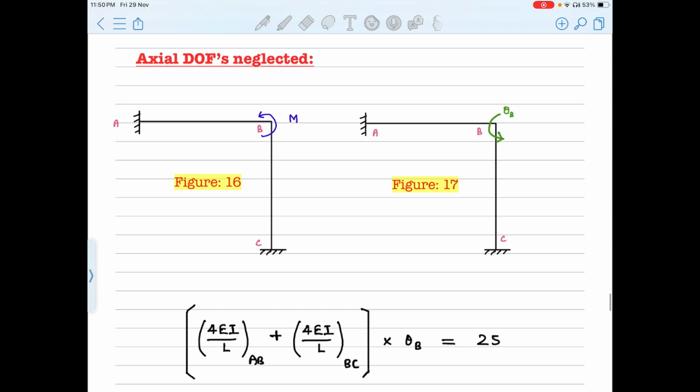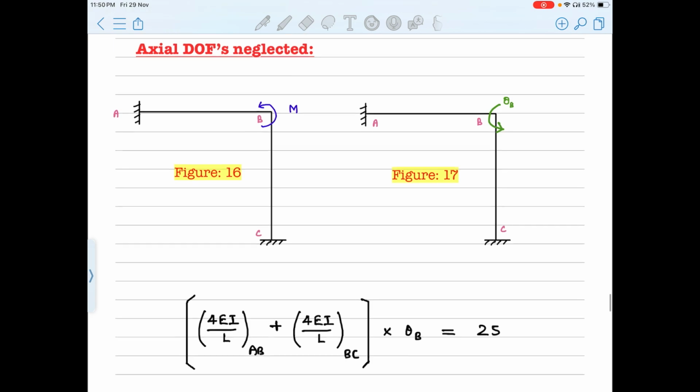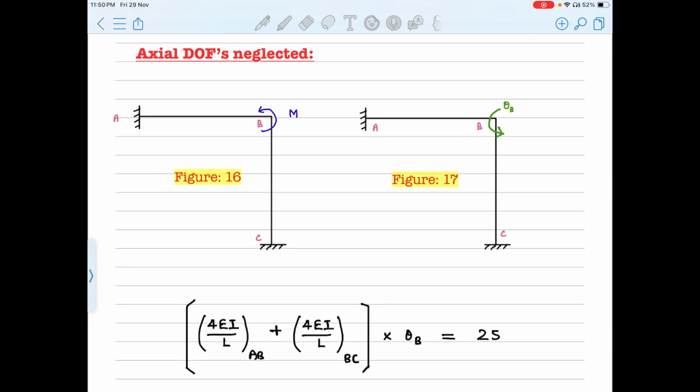Now, with this, we are closing the first case, that is, considering axial deformation and solving the problem. Next we are ignoring the axial deformation. That means we are just going to consider the rotation of this joint B as the only unknown and do the analysis. Typically, one uses the moment distribution method or the slope deflection method.